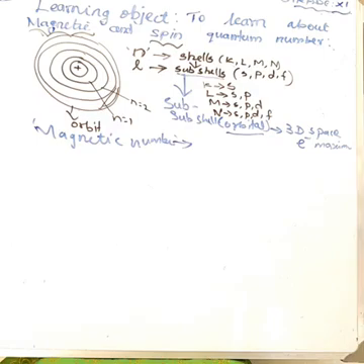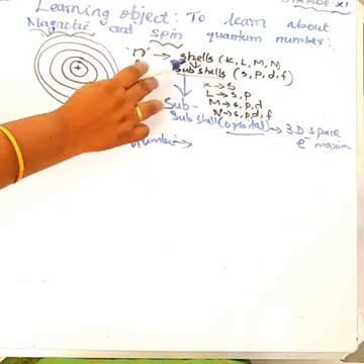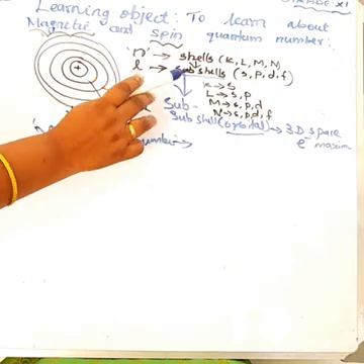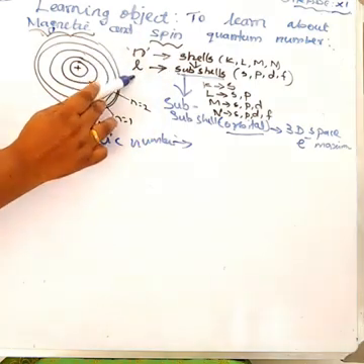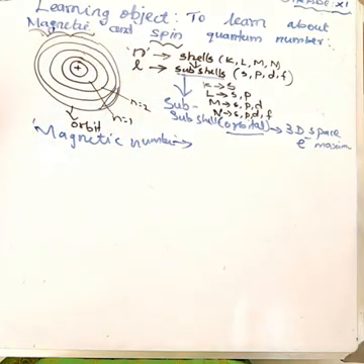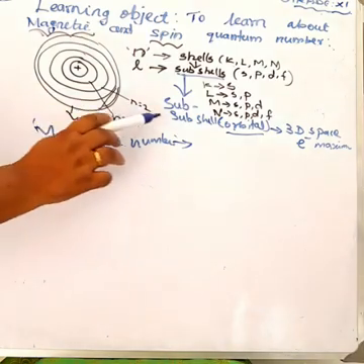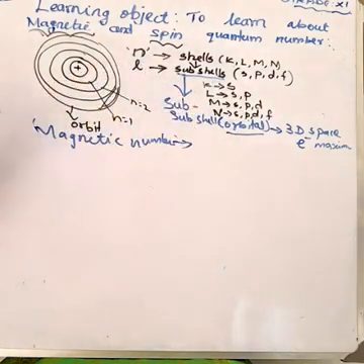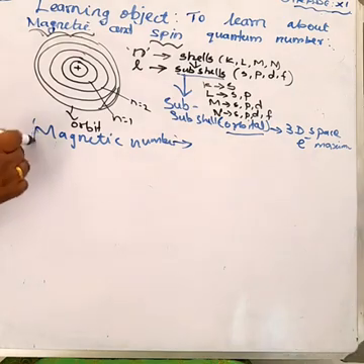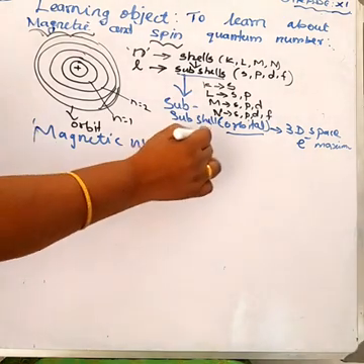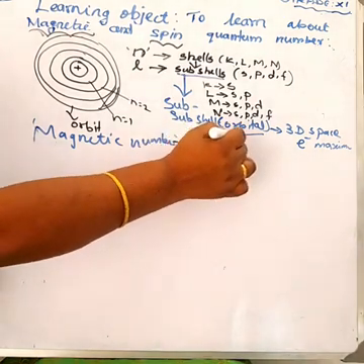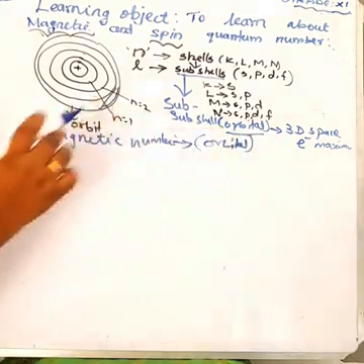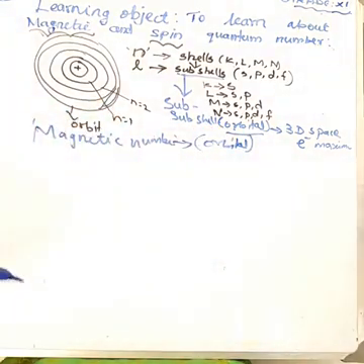So shells correspond to the principal quantum number, subshells to the azimuthal quantum number, and orbitals to the magnetic quantum number. The magnetic quantum number divides the subshell into individual orbitals which hold the electrons.